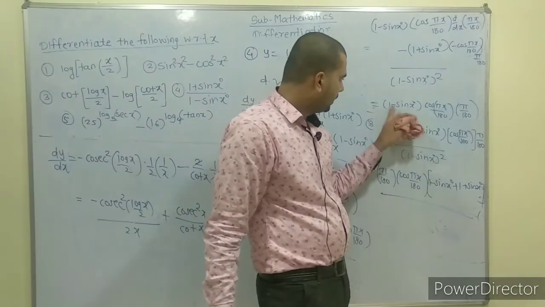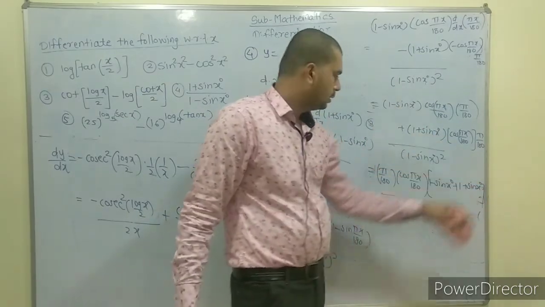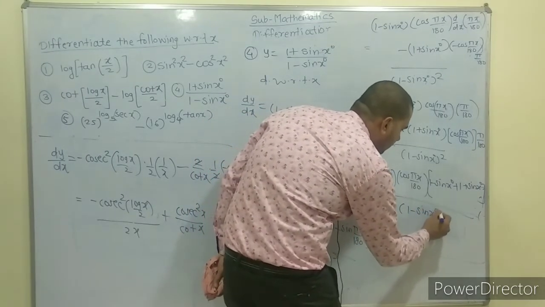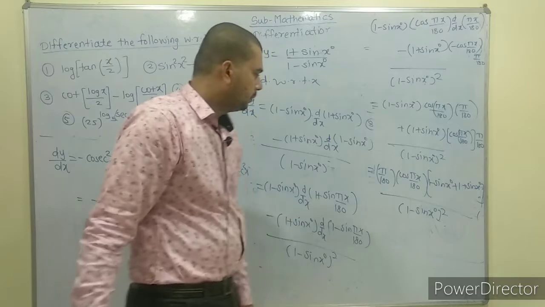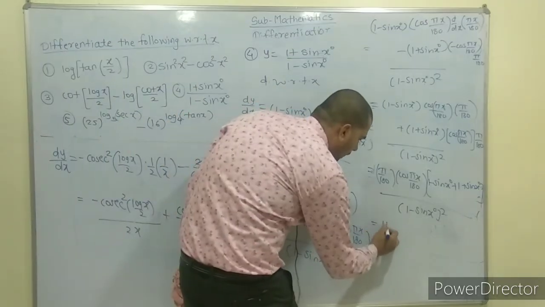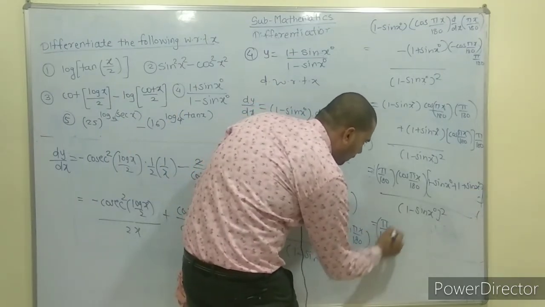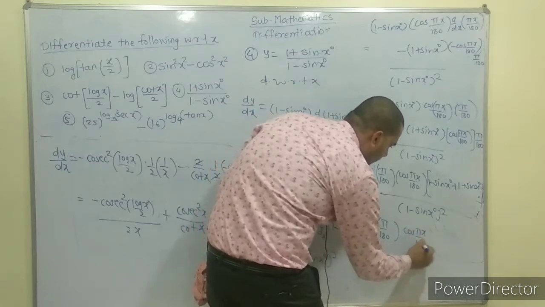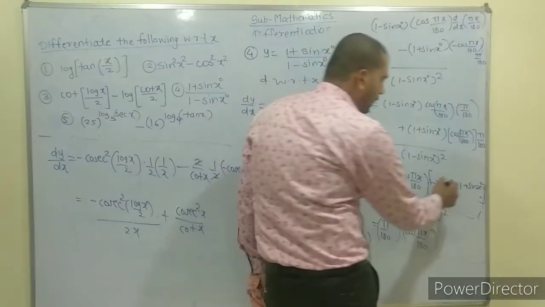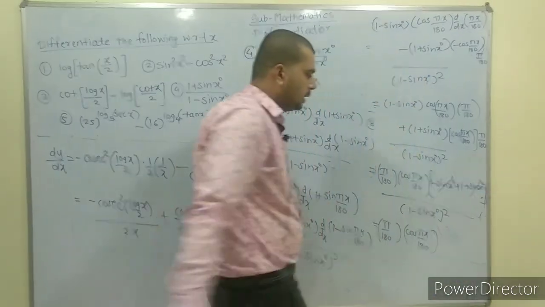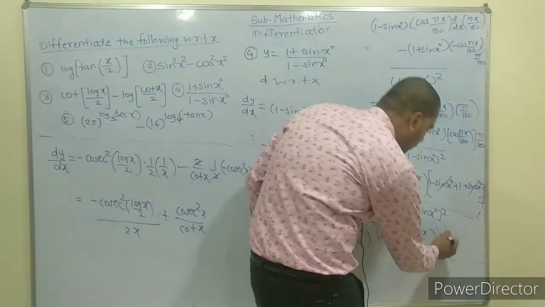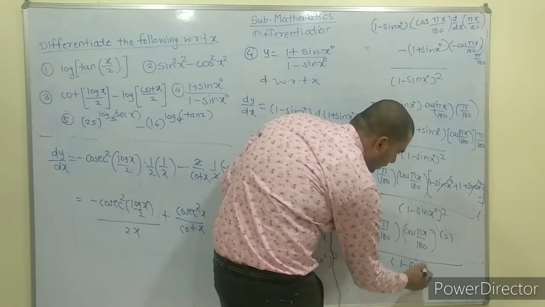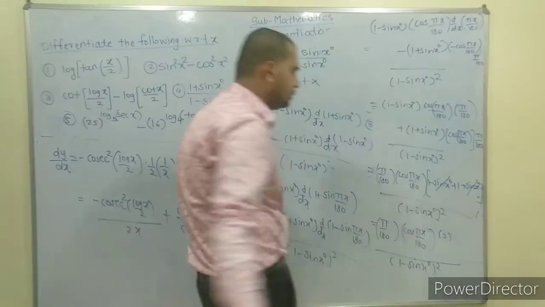So in the bracket, 1 minus sin x plus 1 plus sin x, divided by (1 minus sin x degree) whole square. So this is equal to pi by 180 cos(pi x upon 180) into, the minus and plus terms cancel, and 1 plus 1 is equal to 2, upon (1 minus sin x degree) whole square.